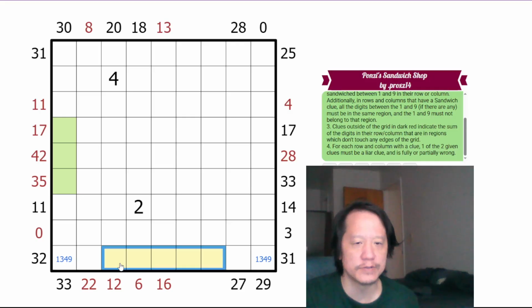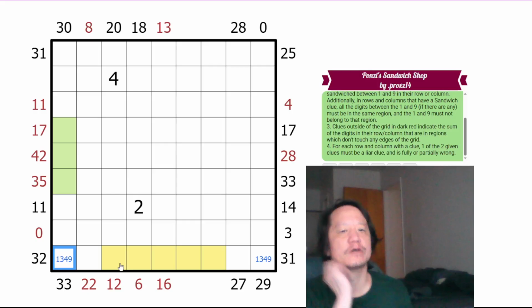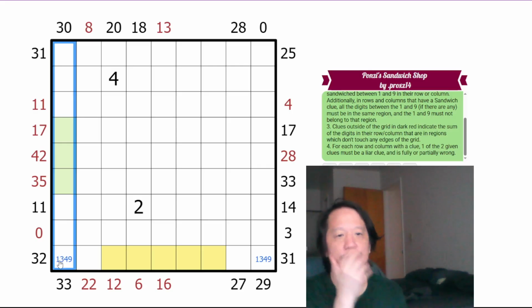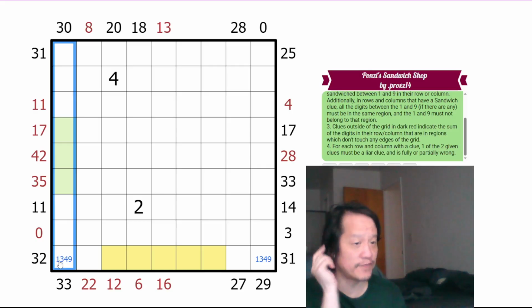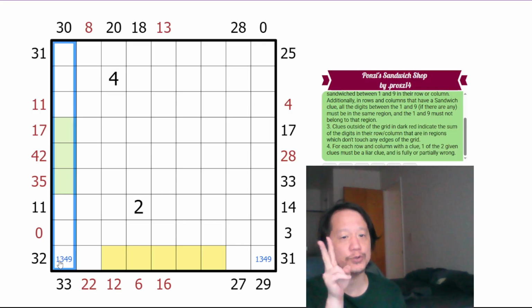So that's an important thing. You can never have a 4 here, because either the outside of the sandwich is 5, which 4 with another digit that's not 1 cannot add up to, or it's 2.